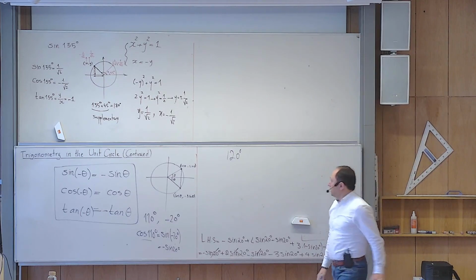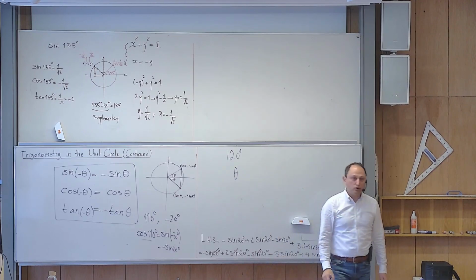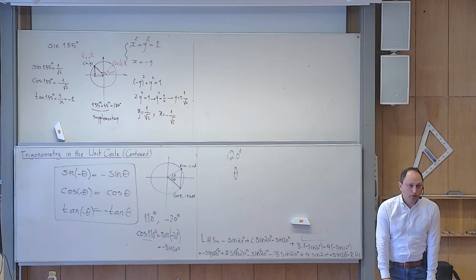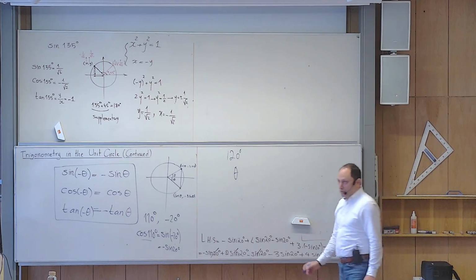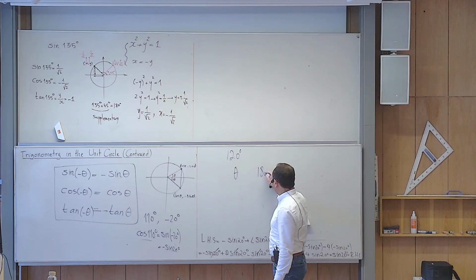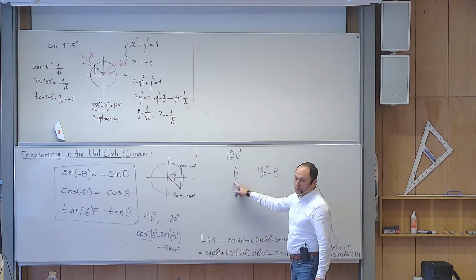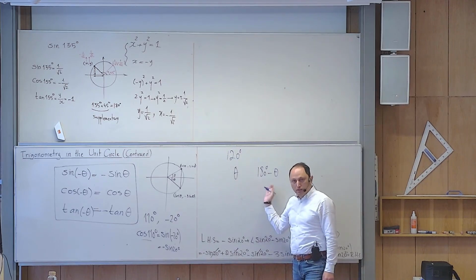Now if I give you theta and I ask you to give me the supplement, what do you say? 180 minus theta. So if I ask you what is the supplement to theta, you will tell me 180 minus theta. If I ask you what is the complement of theta, 90 degrees minus theta.